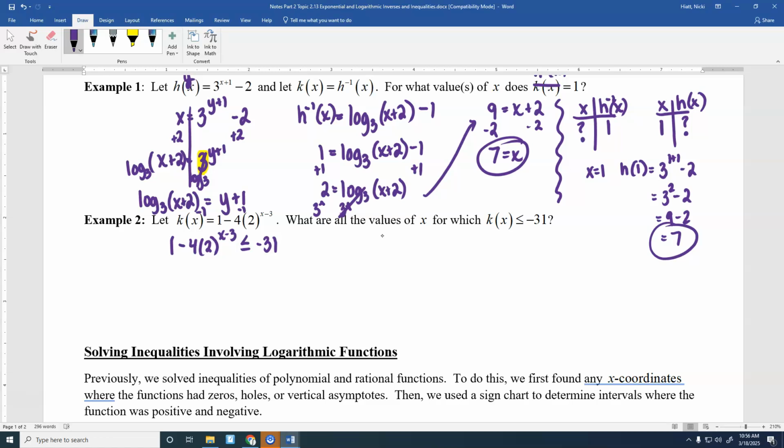So first thing I would do here is subtract 1. So I've got negative 4 times 2 to the x minus 3 is less than or equal to negative 32. And right here, I'm going to divide by negative 4. When I do that, I'm dividing by a negative, so I've got to flip the inequality sign: greater than or equal to 8.